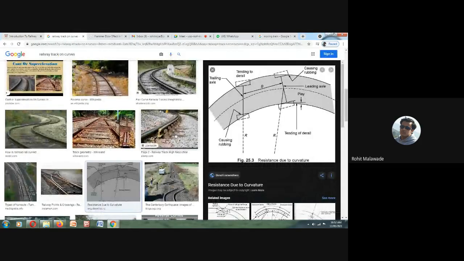Now, if the ballast is not properly filled below the sleepers, what is going to happen when the moving load occurs? A depression is going to be created in the railway track.